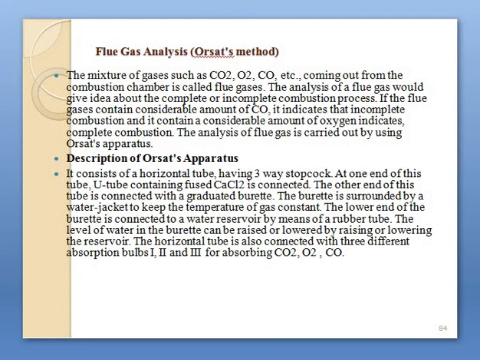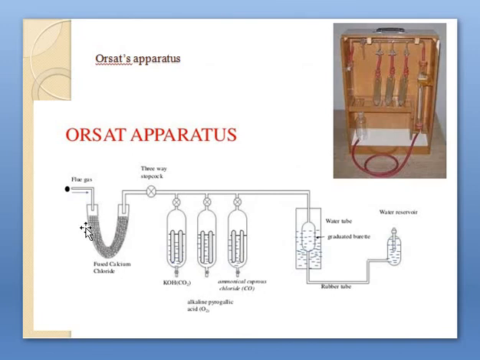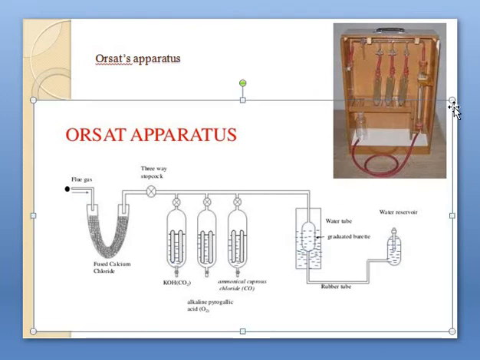How do we analyze this flue gas by making use of the ORSAT apparatus? First let's see what the apparatus looks like. So this is the apparatus, a 2D diagram to understand how it will be, for the explanation.